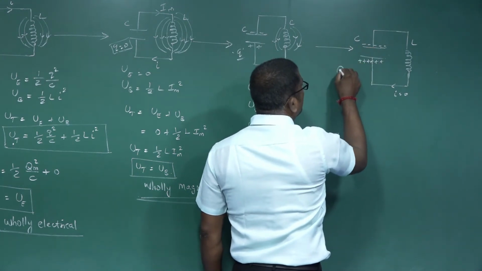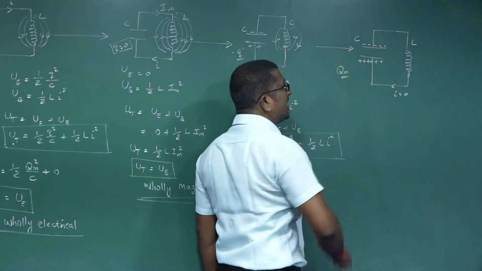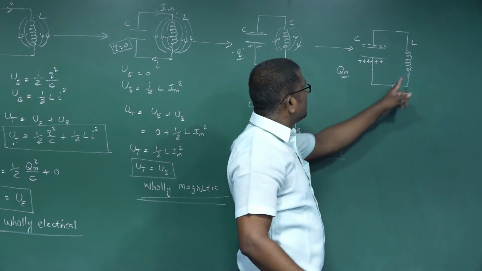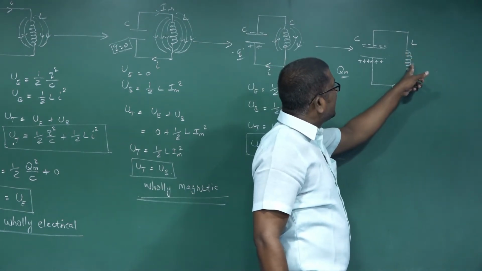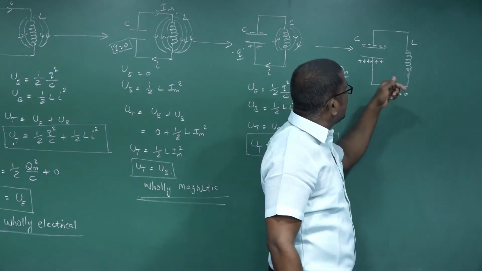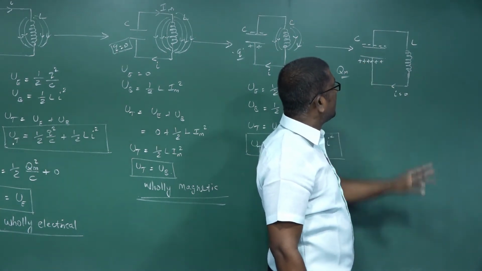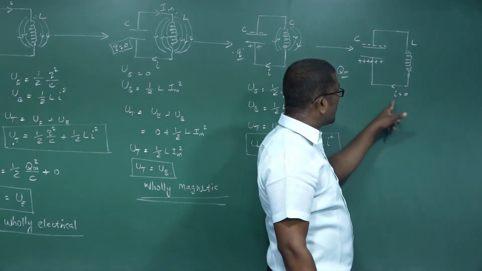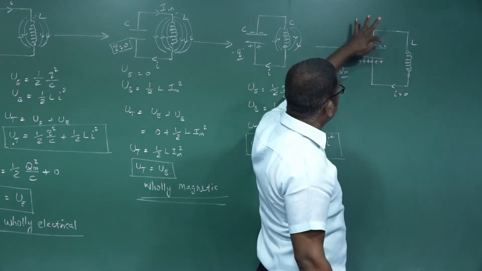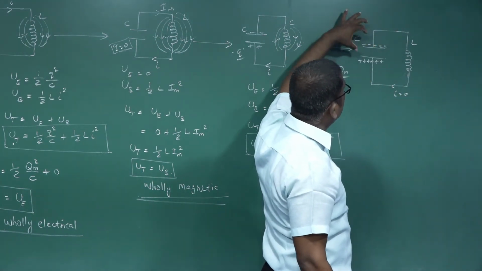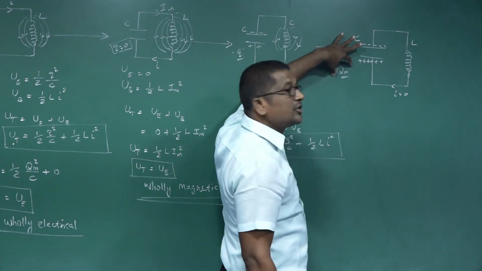The maximum charge in the capacitor is denoted by Qm. That is, the inductor has sent its entire energy to the capacitor.